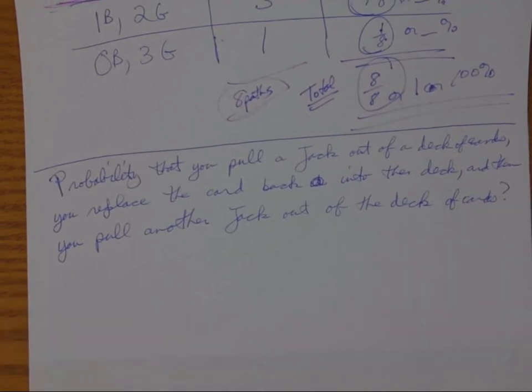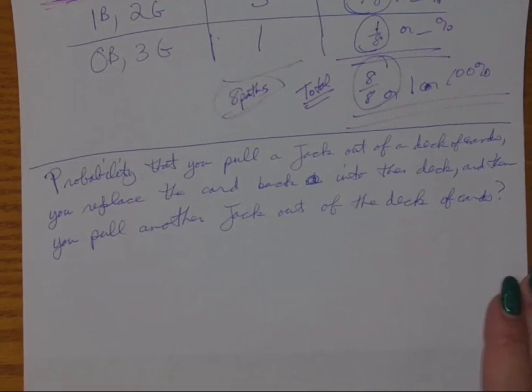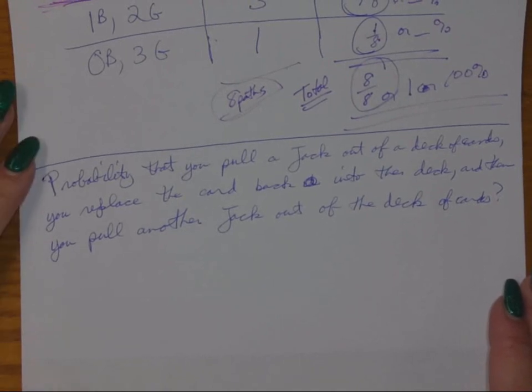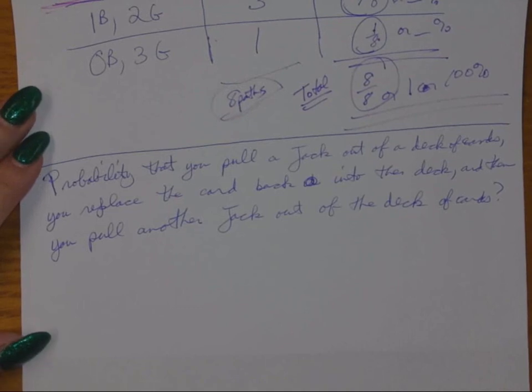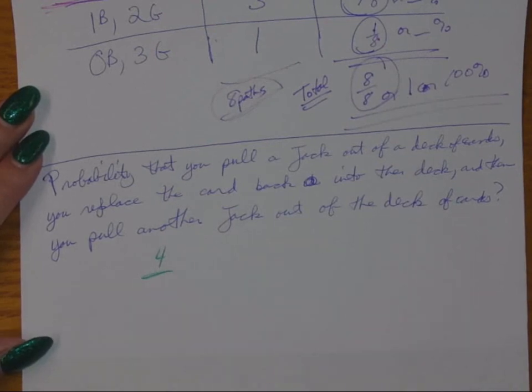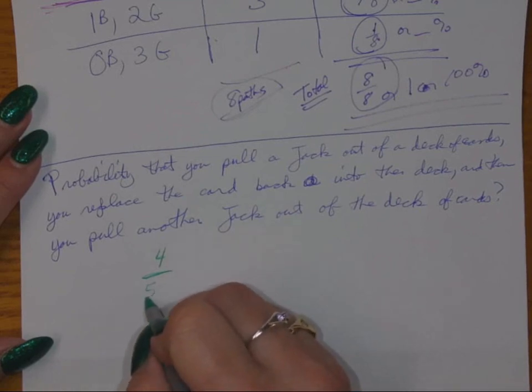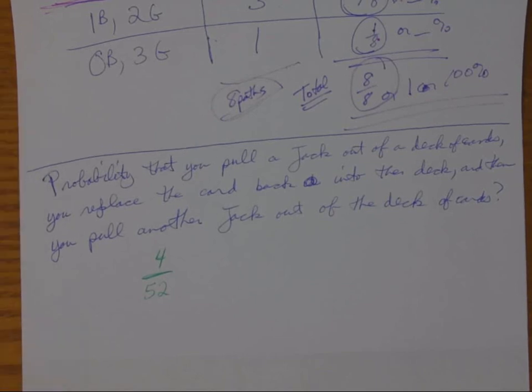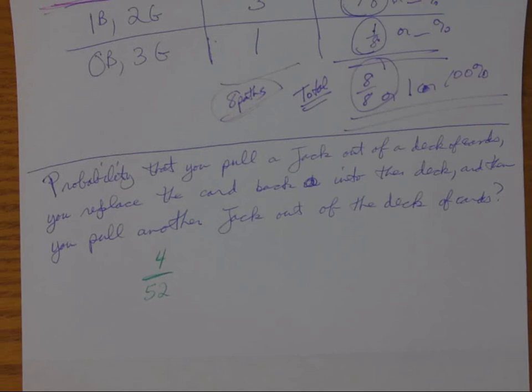Now this one is going to depend on whether it's independent or dependent. So let's think about it. What's the probability that I pull a jack out of a deck of cards? Let's talk about that first. How many jacks are in the deck of cards? Remind me. 4, I hear you saying in my head. I know, I hear a lot of stuff in my head. And how many cards were there in that whole deck? 52. So it was a 4 out of 52 chance of pulling that first jack out, right? And then I put that jack back into the deck.